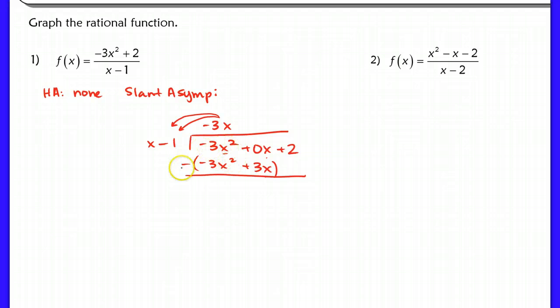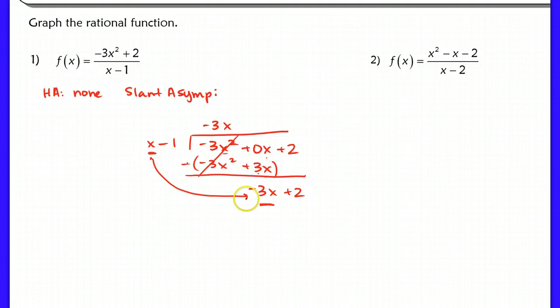So now negative 3x squared minus negative 3x squared, that's going to cancel. Just remember you're doing 0 minus 3 here to get negative 3x, and then you can go ahead and bring down that positive 2. Now you're doing the same thing. You're finding how many times x fits into negative 3x. You're always looking at that first term and how many times it fits into the resulting expression underneath the long division symbol.